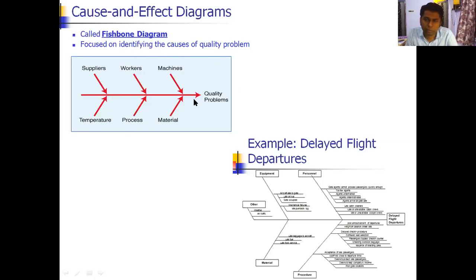these arrows represent what are the causes, and also the category of causes, like machines, workers, suppliers, temperature, process, or material. The causes are represented by these arrows, and also the category is represented. And from here also some other extended parts you can find.